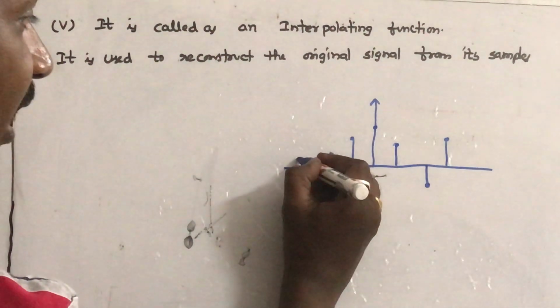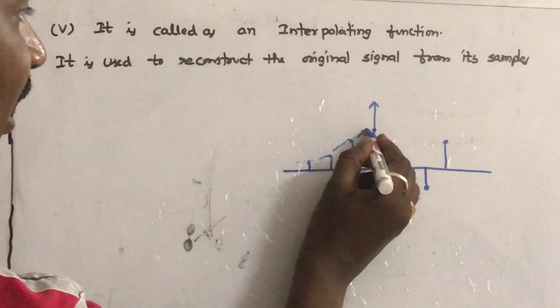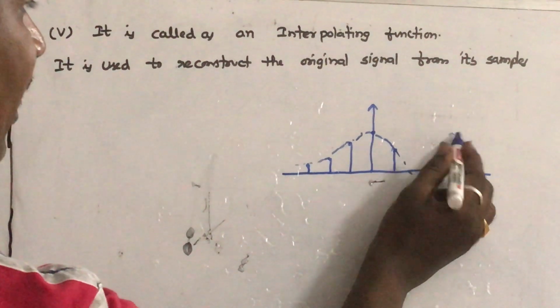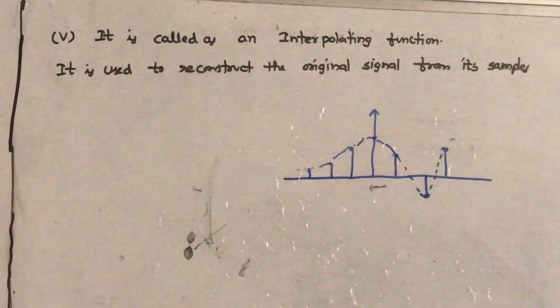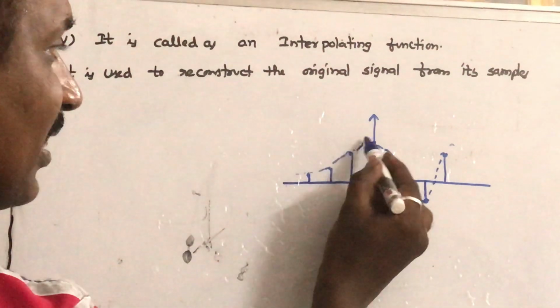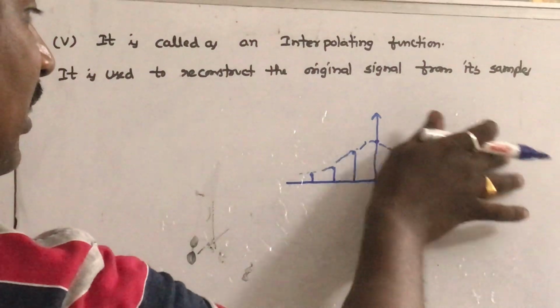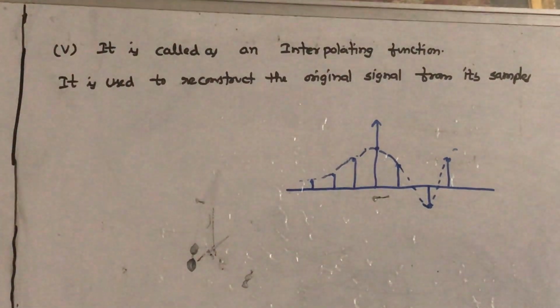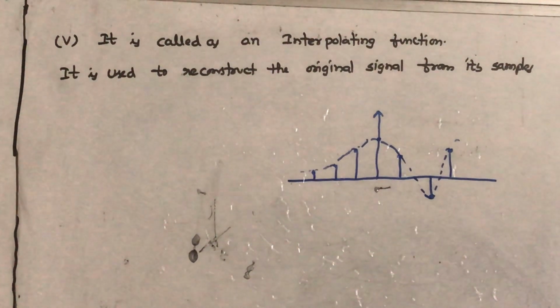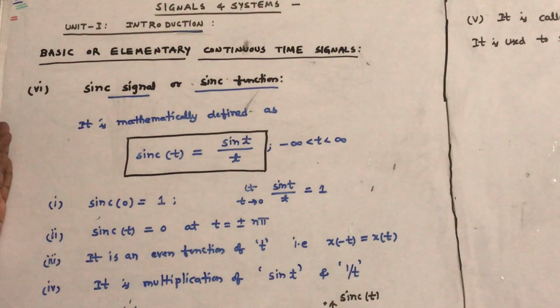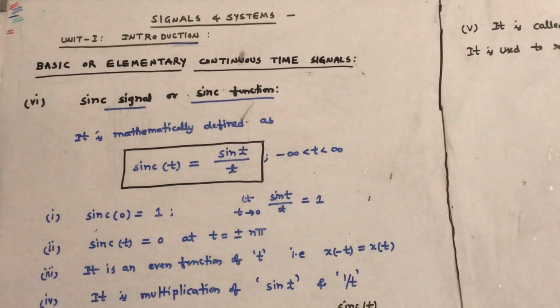In such a case, we have to use this Sinc function in order to reconstruct the original signal from the samples. We will discuss more about this function in the sampling theorem derivation. So this is all about another basic elementary continuous time signal, a very important signal, the Sinc signal.